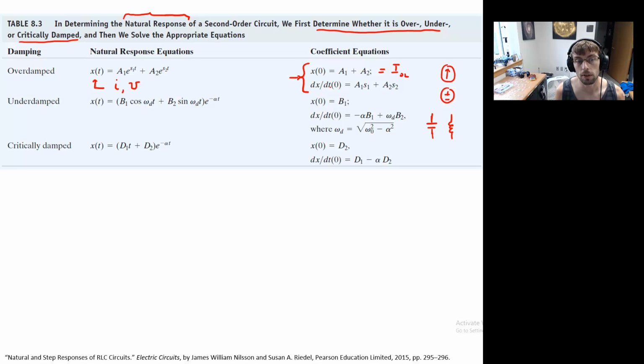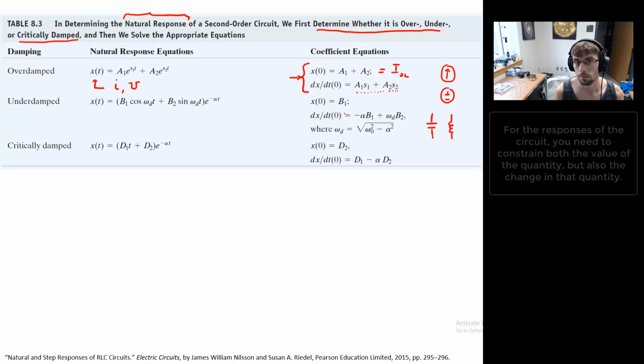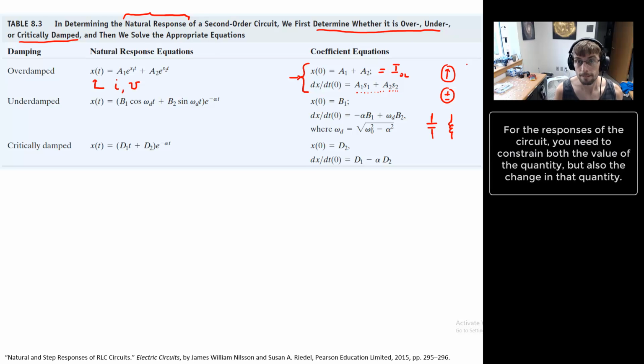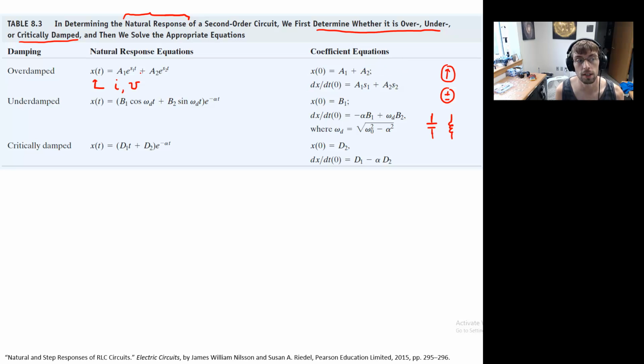Then you'd look at the derivative of X naught, the changing current, and this gives you your coefficient values. So it's a helpful shortcut for determining the coefficient values and also the equation itself.